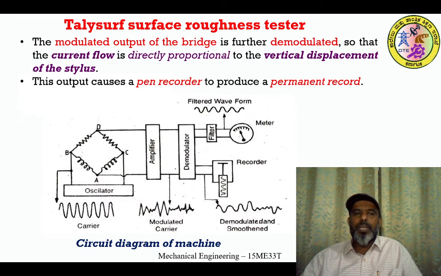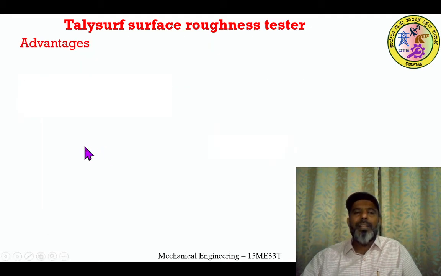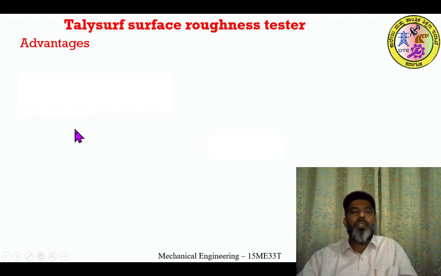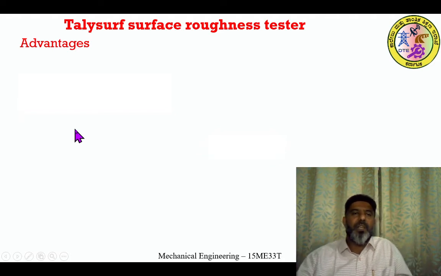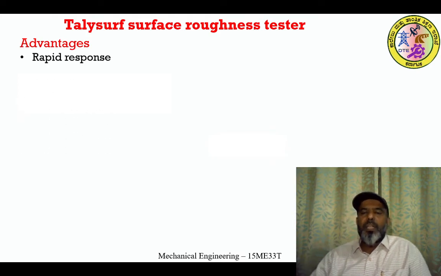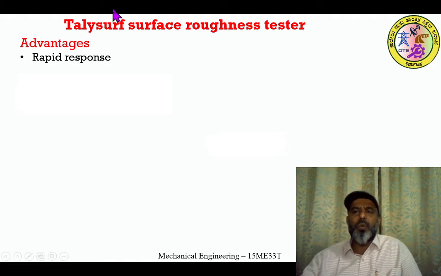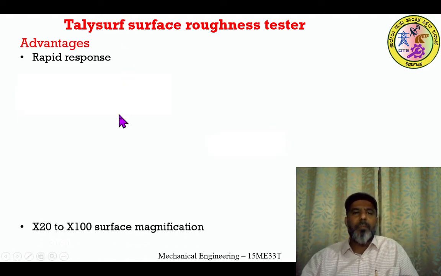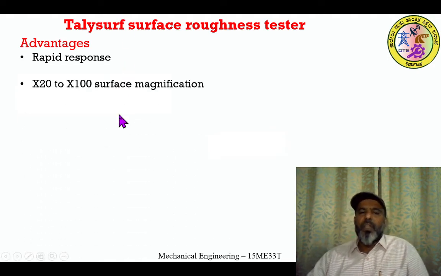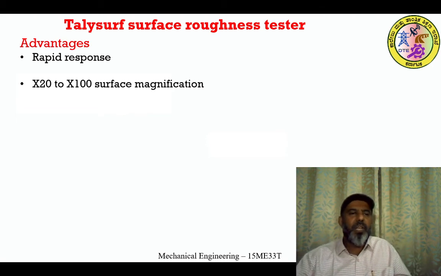This is about the Talisurf surface roughness tester. Now let us discuss the advantages of the Talisurf surface roughness tester. The first very important advantage is that it has a very rapid response. We get an immediate response. Second, the magnification: the surface magnification we can obtain is from x20 to x100.